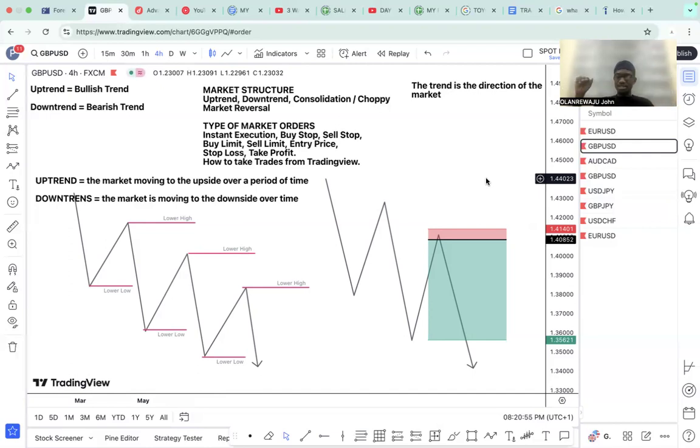And when you enter for a sell and the market is going up, that's a loss. That's how you lose money. So it is important to understand this nature and character because this is how we trade. When a market is in an uptrending position, you want to follow it and just be going up. And when it is in a downtrending position, you want to follow it and just be going down.